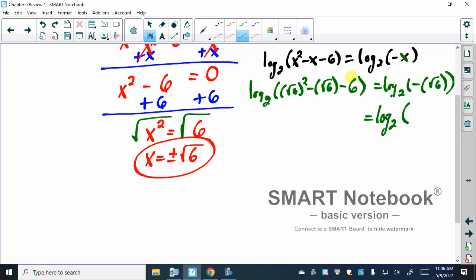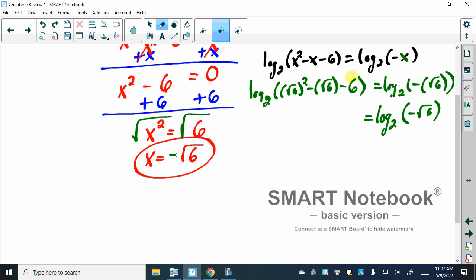If we look at the right-hand side, negative square root of 6 is as simplified as I can get on the inside of that, yes? Can we have a negative inside the log? No. So the positive case for this one actually doesn't work.